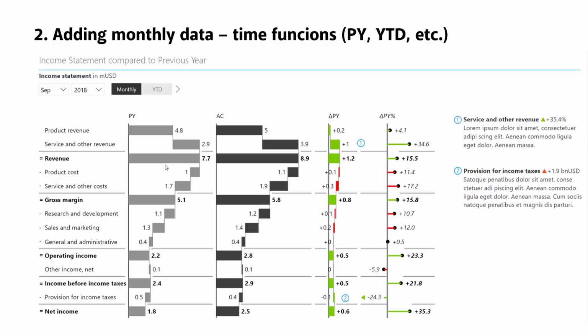It will have a full calendar, so the end user is able to, for example, select time functions and drop-down menus, so he can simply choose the period, the month here, or the year, and then he can also switch from monthly to year-to-date view, right? Which is also something that you need especially in monthly reporting, to be able to quickly switch from monthly to year-to-date results. So we'll do this with a little bit of DAX here.